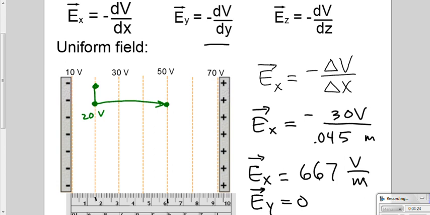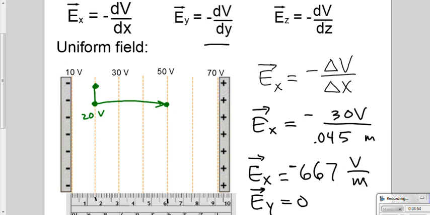So what that means is we have just a single number, 667 volts per meter, and it's all in the x direction. But now let's look at the sign here, because that has a negative sign that came with it. And what that tells you is that the direction of the electric field is opposite the way you moved through that field. So we moved rightward, and that negative just tells us that the field then is opposite that, or leftward.